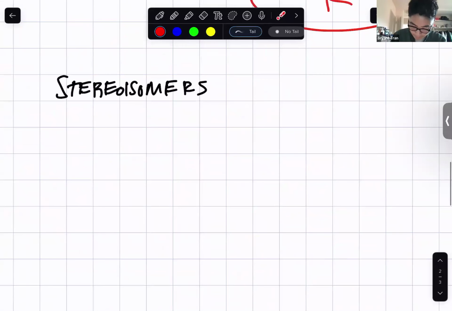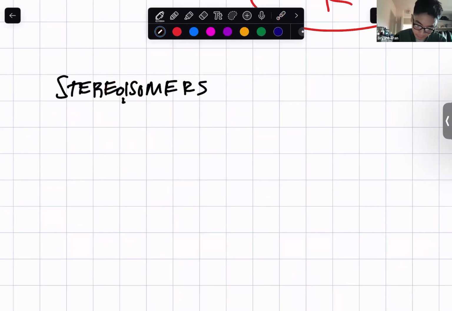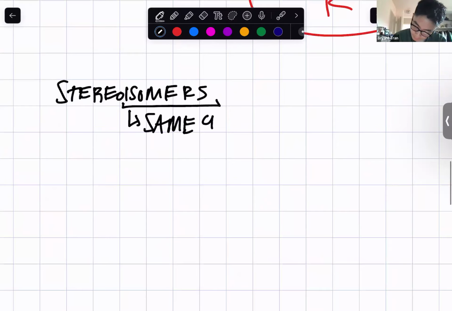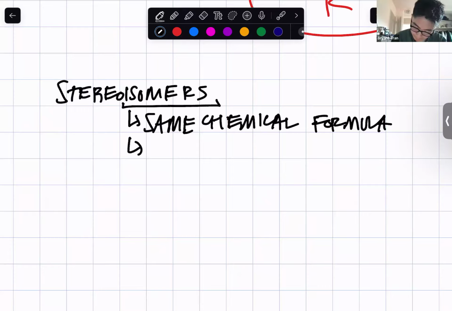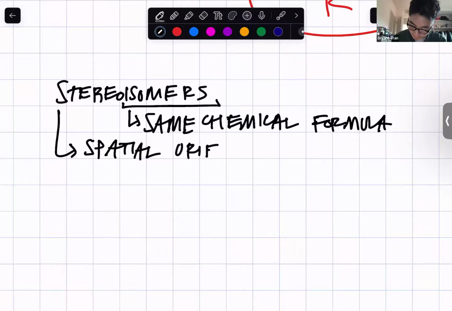Now, if we take a look at the definition of isomers, isomers have the same chemical formula, but they are different in terms of how they are spatially oriented, their spatial orientation, so where they are in space. I'll show you an example of what I mean.